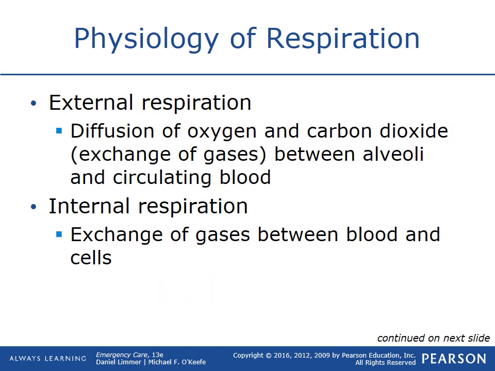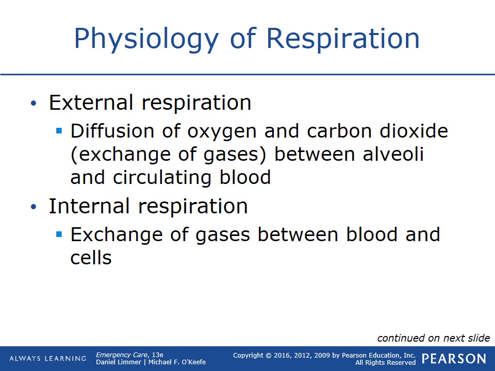External respiration is the diffusion of oxygen and carbon dioxide between the alveoli and the circulating blood. So that's what's happening in the alveoli. Internal respiration is that exchange taking place between the blood and the cells that they're going to throughout the body.